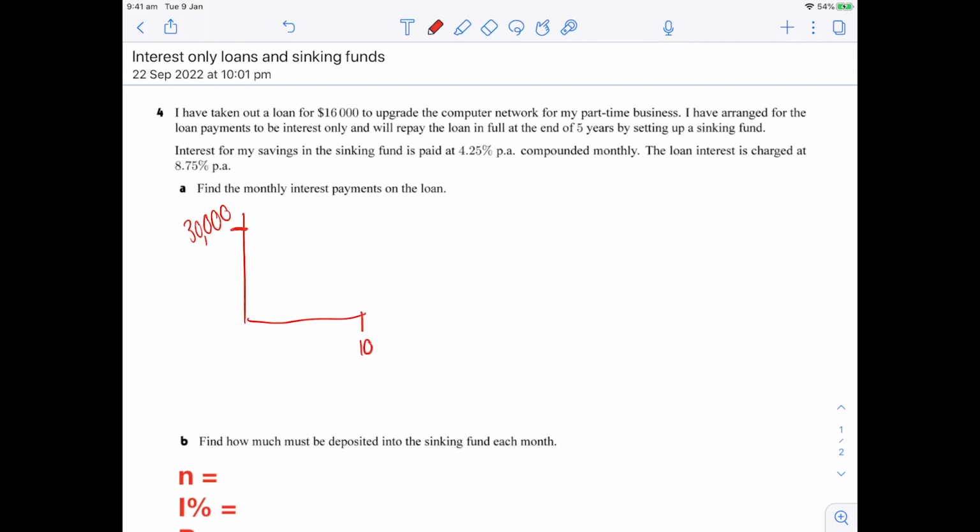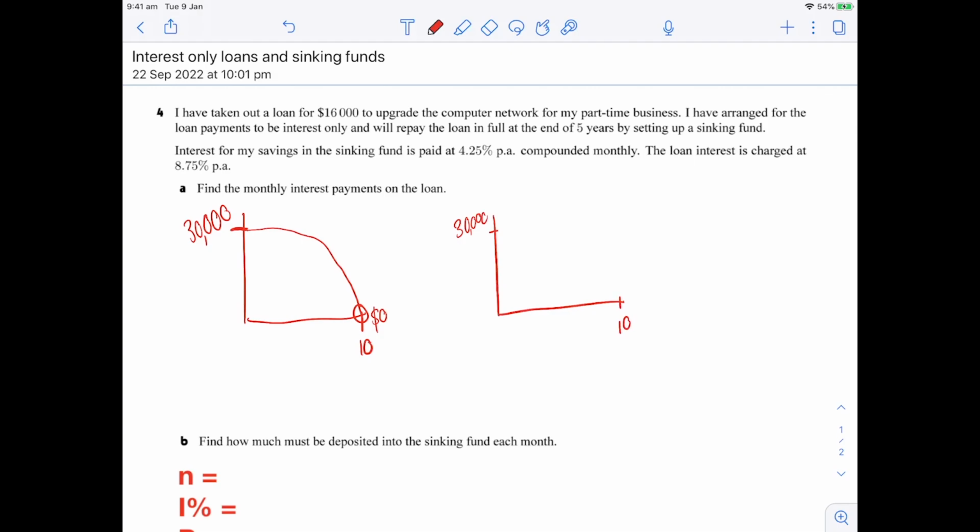What happens with a reducing balance loan is it exponentially goes down like that. So at the 10-year mark, you will have $0 owing on your loan and you will have paid it all off. With an interest-only loan, you have, again, $30,000.